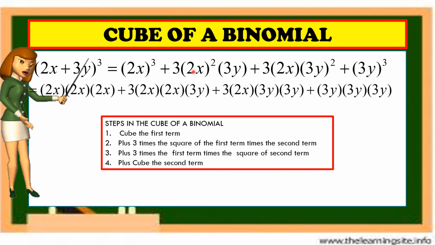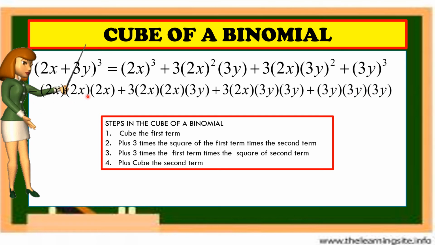Then we have 2x quantity cube, which means we need to write 2x 3 times. 3 times 2x times 2x times 3y. 3 times 2x times 3y times 3y. Plus we need to multiply 3y 3 times.